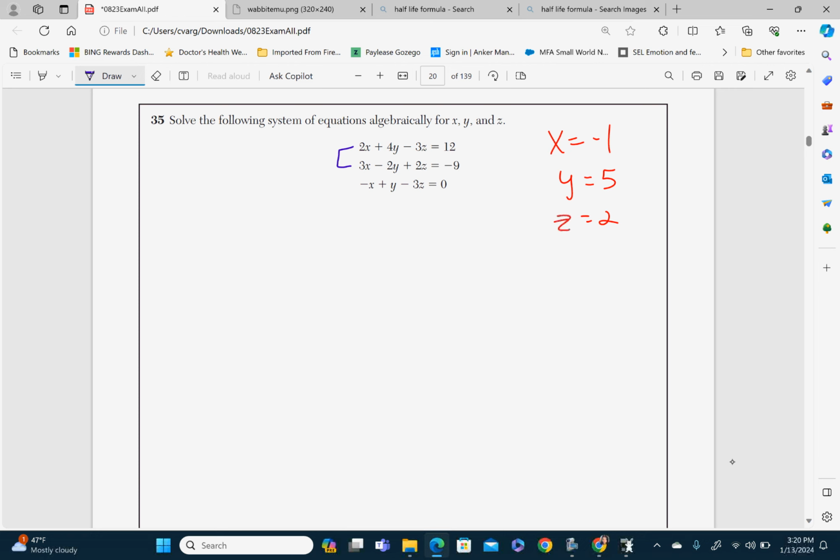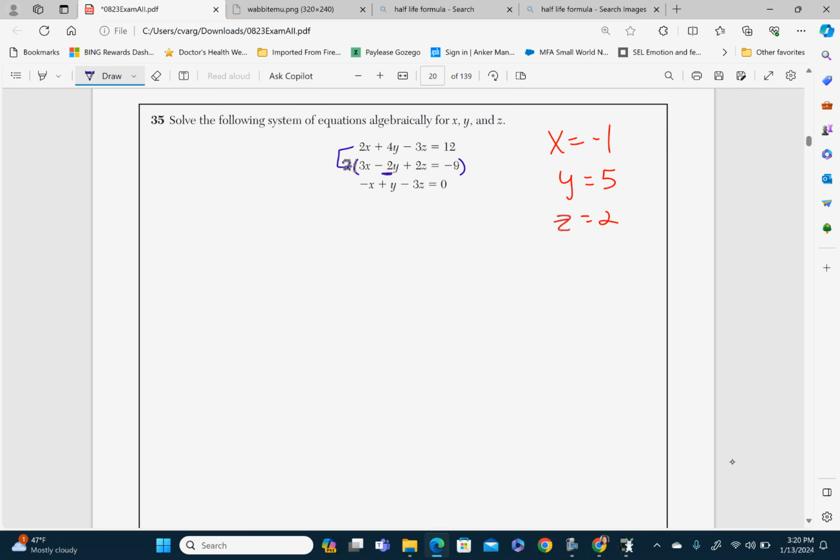But I can take a look at this and say, hey, can I get rid of the y? Life would be great if, instead of a -2y, this was a -4y. So how do I do that? I multiply this by 2, okay?